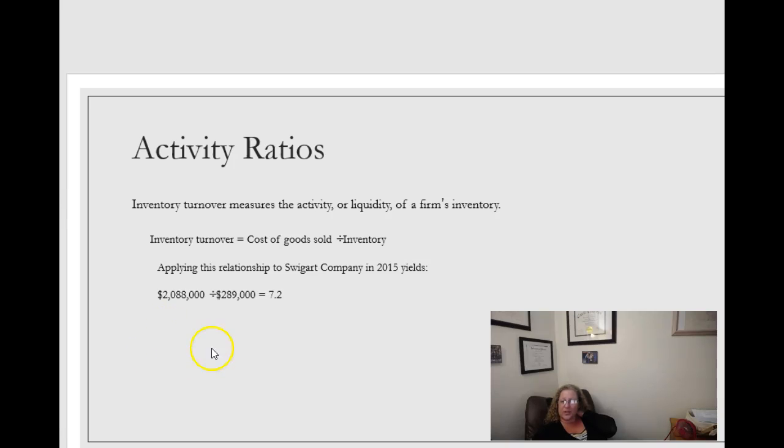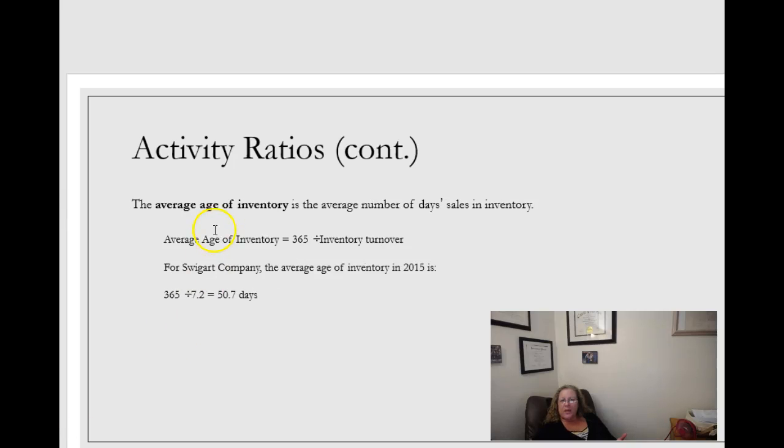So what this tells us is that we are turning over our inventory 7.2 times a year. That gives us some information about how active the inventory is, how quickly it's moving. The average age of inventory is the average number of days that sales are in inventory.